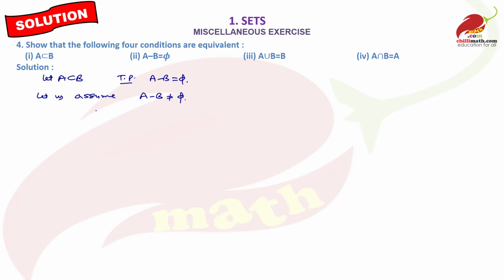That means there exists some x which belongs to A and x does not belong to B. But this is not possible. Why? Because we are given A is a subset of B. So if A is a subset of B, if elements are there in A, they will be in B also. So therefore, our supposition is wrong.